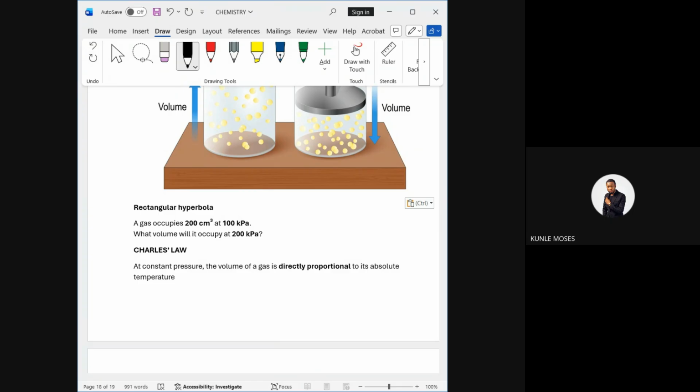So quickly go to Charles law. We'll do more past questions on Boyle's law in the next class. So let's quickly go to Charles law. So Charles law states that the volume of a gas is directly proportional to its temperature.